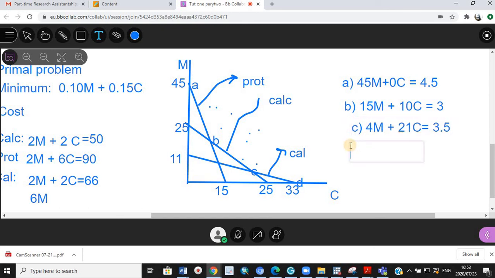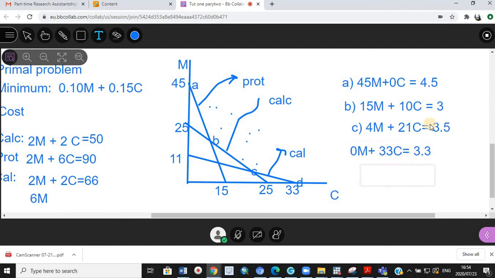And the last one we have 0m plus 33c. You can see, okay, 0m plus 33c, right? You can see it. If multiplied by its price, this should be equal to 3.3.